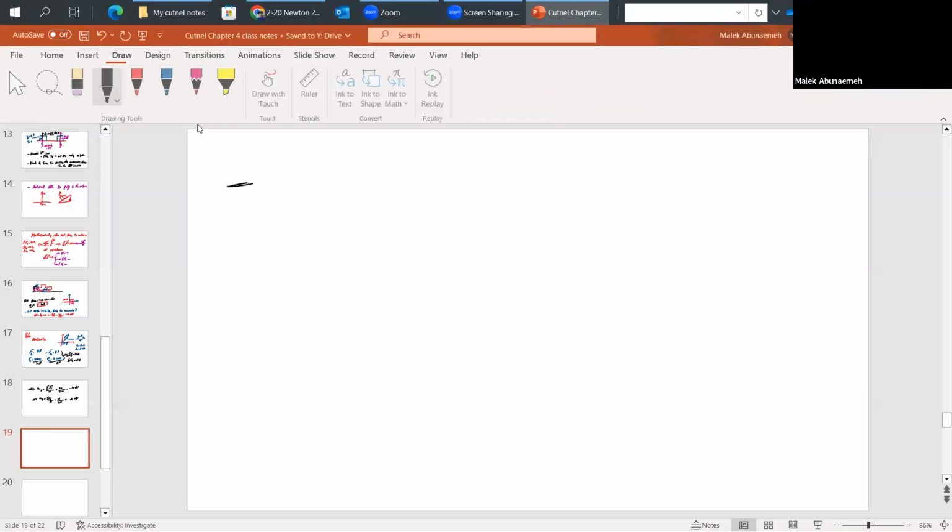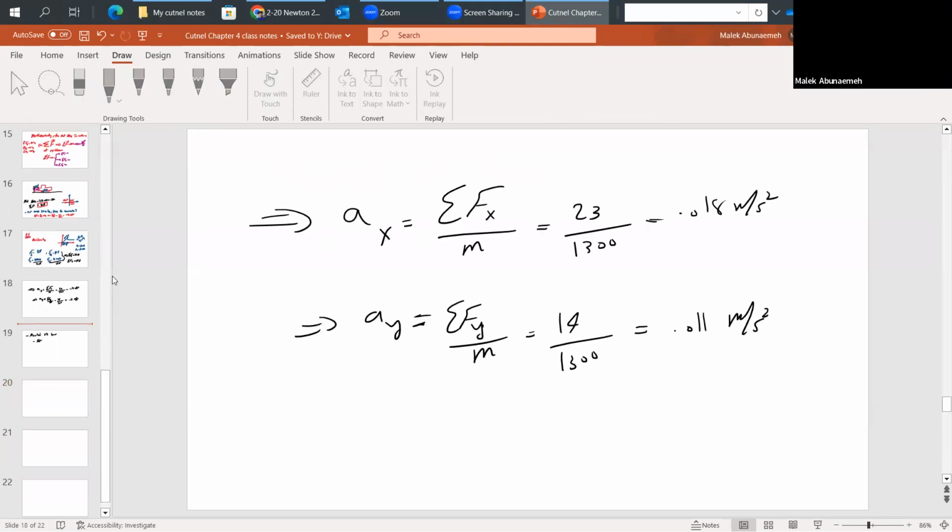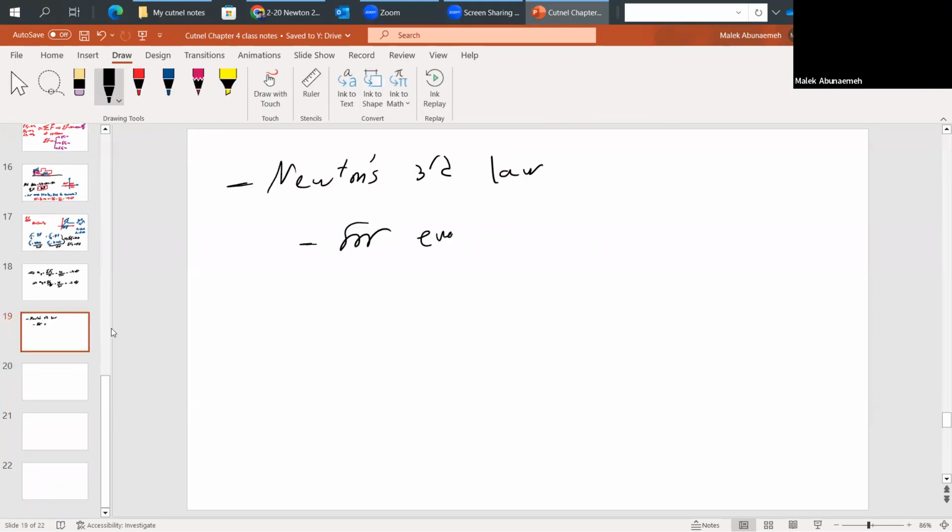So this again brings us, let me go ahead and write this down again. Newton's third law: for every action there is a reaction.